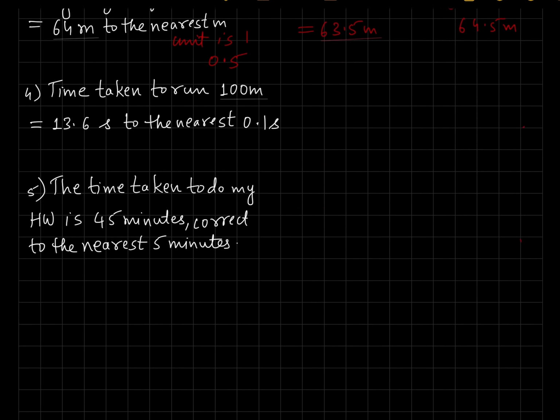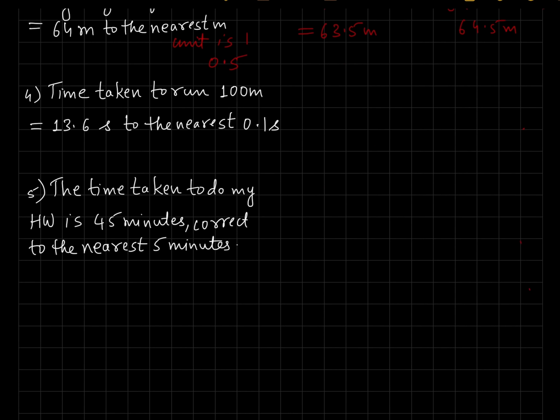Right? The next one. It says the time taken to run 100 meters is 13.6 seconds, correct to the nearest 0.1 second. So they have said correct to 0.1 second. It means the unit is 0.1 here, and half of 0.1 would be 0.05.